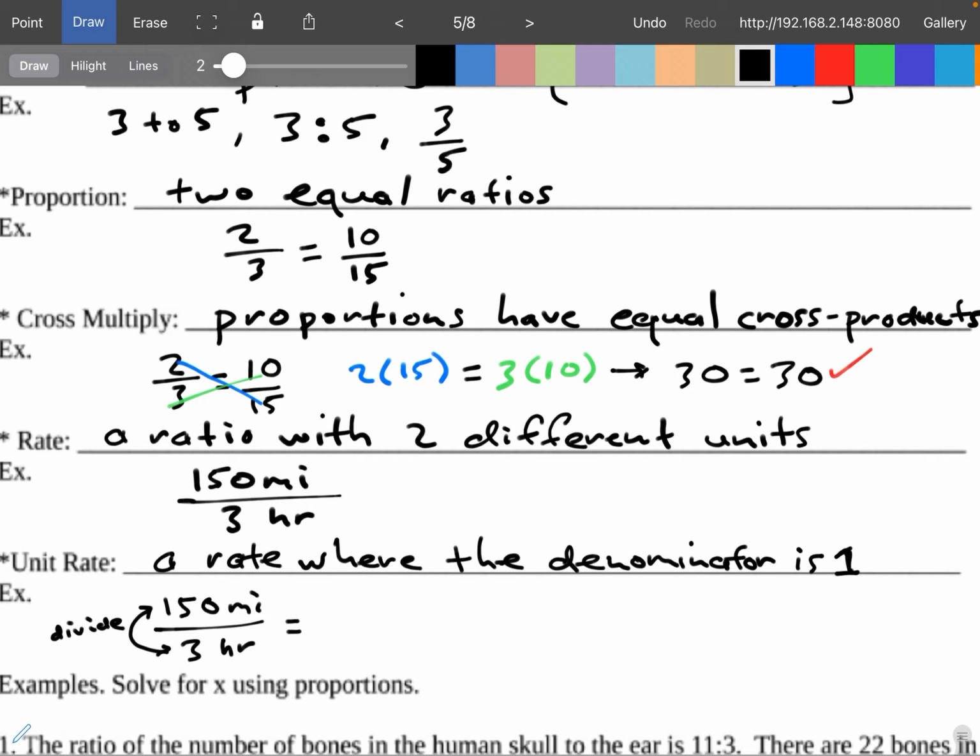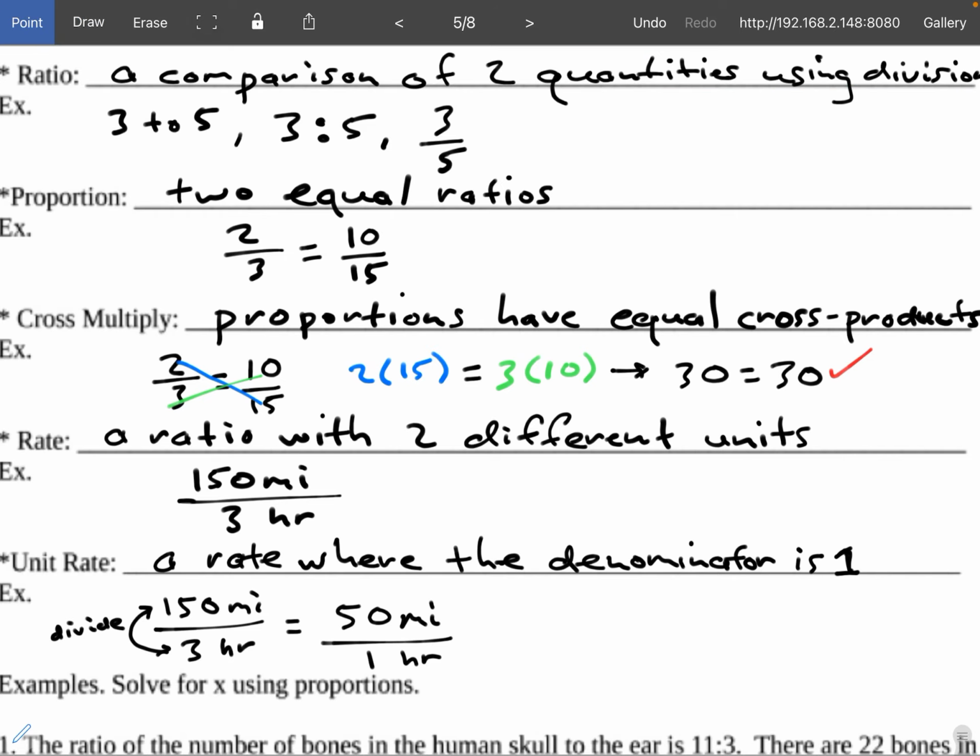Well, what do I get if I divide 150 by 3? 50 miles over 1 hour. Yeah. 150 divided by 3, that's 50, right? So that's going to give me 50 miles over 1 hour.